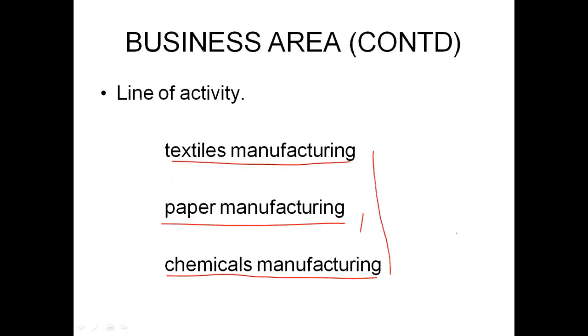Another thing is this business area financial statements can also be used for the decision making purpose. Means what? Suppose, for example, you have designed your business areas on the basis of line of activity. Then this year, the management wants to introduce some additional capital. Then in which line of activity that additional capital has to be used?